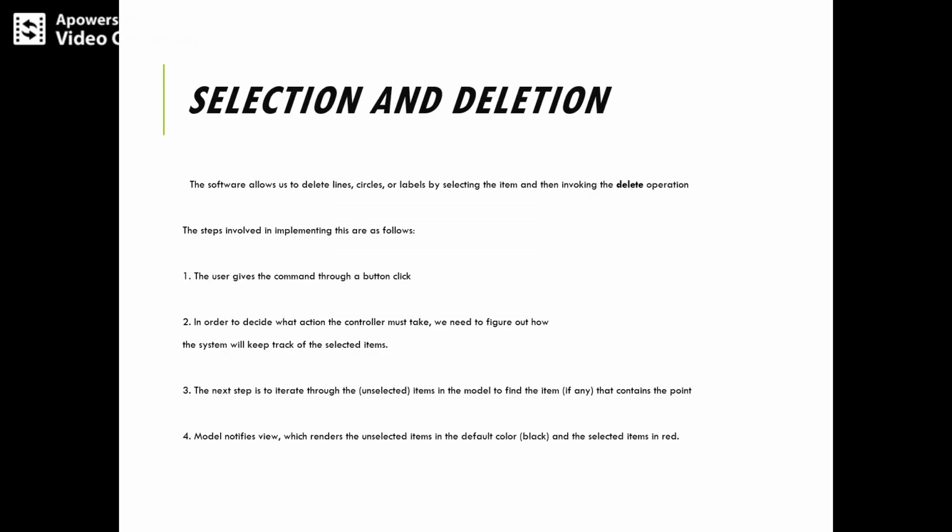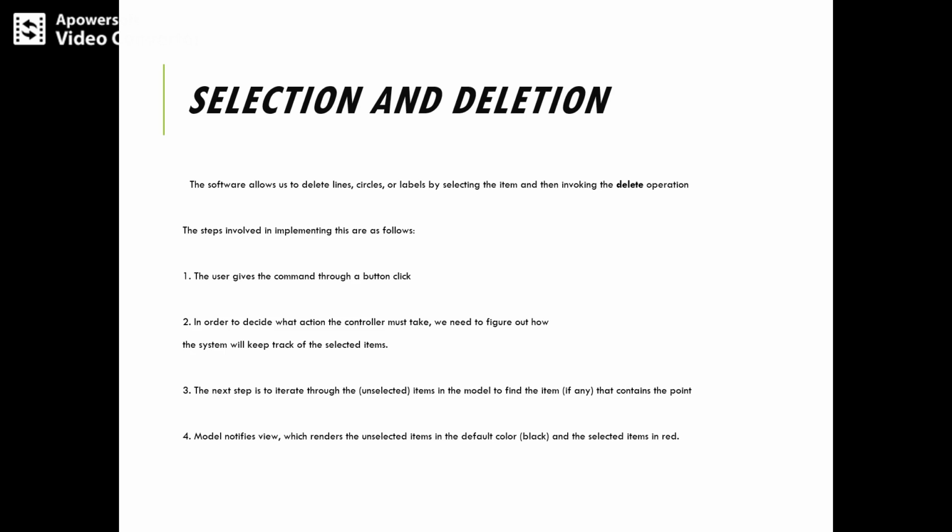Now we are going to discuss selection and deletion. The software allows us to delete lines, circles and labels by selecting the respective item and then invoking a delete operation. Selection shall be treated as an independent operation since it can also serve other purposes.